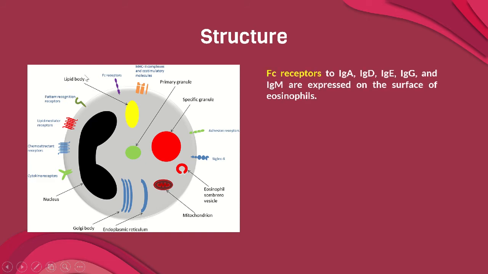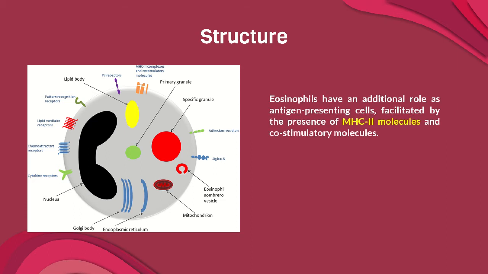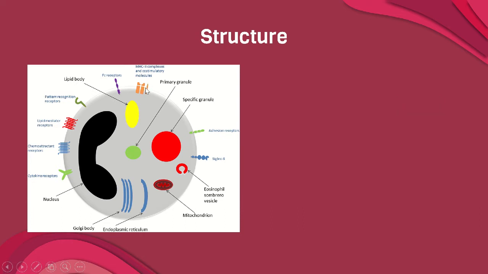Fc receptors are expressed on the surface of eosinophils, which bind IgA, IgD, IgE, IgG, and IgM. They function in facilitating interaction with the adaptive immune system. As for MHC II molecules, eosinophils have an additional role as antigen-presenting cells, facilitated by the presence of MHC II molecules and stimulatory molecules.